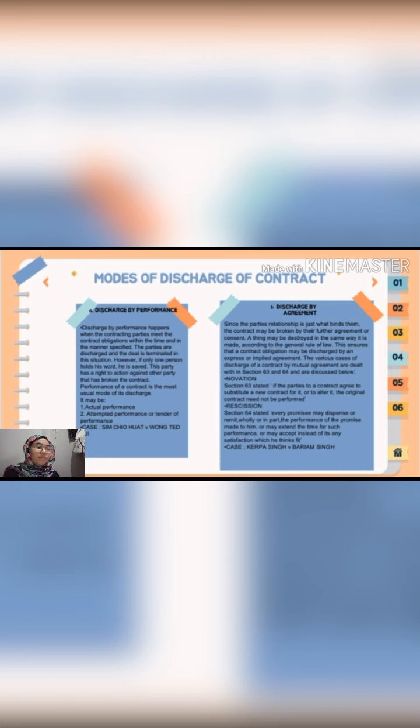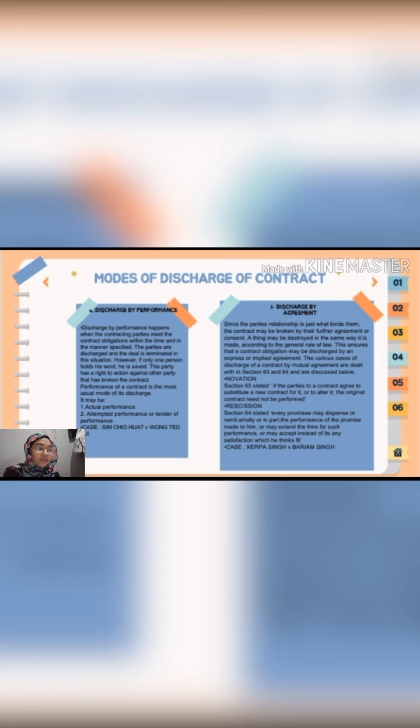Any delay by one party will entitle the other party to free himself from any obligation of the contract. He may choose to make the contract voidable. The contract states that at the time of the performance, parties must perform the contract within the specific time.